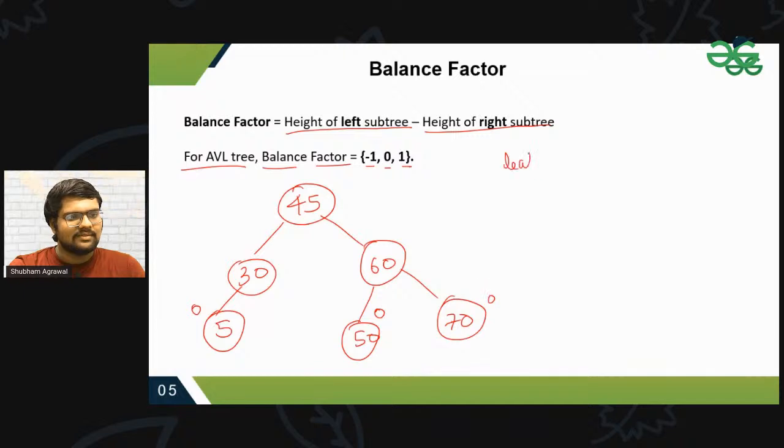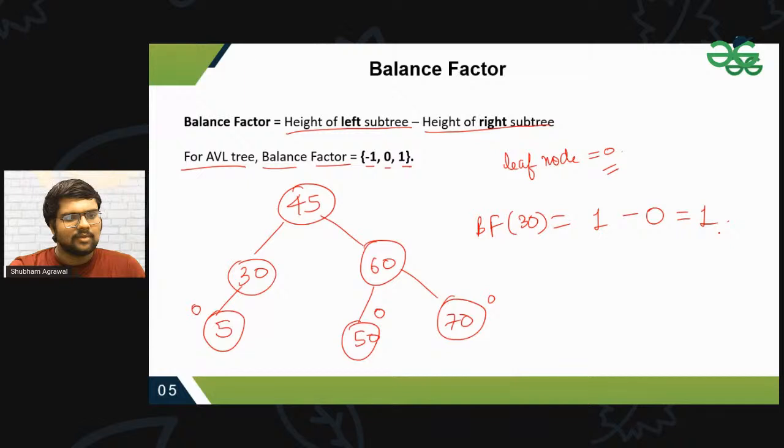Now if we compute the balance factor of 30, the height of the left subtree is 1, because there is one node after this, and the path length of 30 from the leaf node is 1. Minus the right subtree, which is 0, so it will be 1. So the balance factor of 30 is 1, so we will write 1 here.